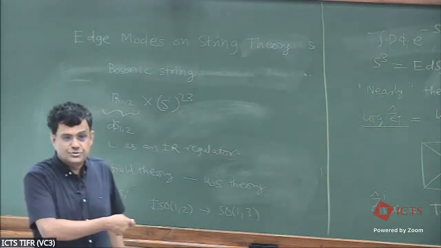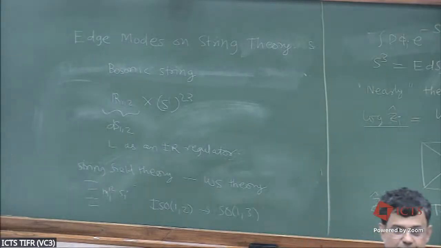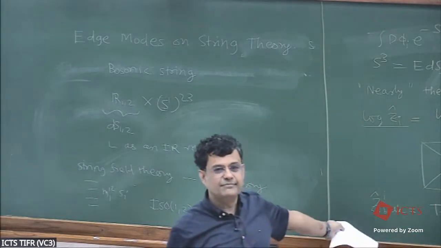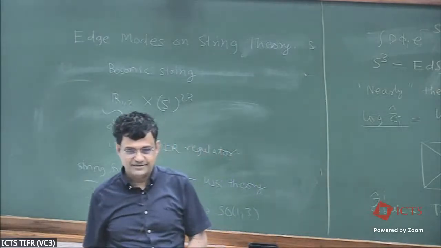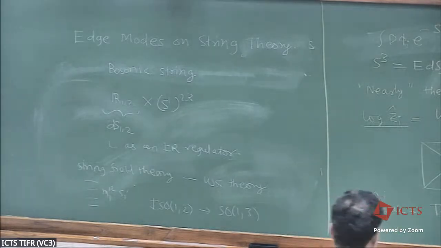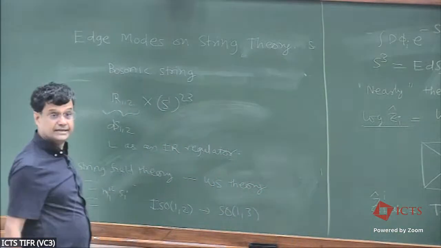You expect there should be a one-to-one map, because we live in a de Sitter space with extremely low curvature, and you cannot tell the difference between Minkowski spacetime and de Sitter spacetime. This is the Wigner contraction idea. And they're labeled by m_i squared and s_i.